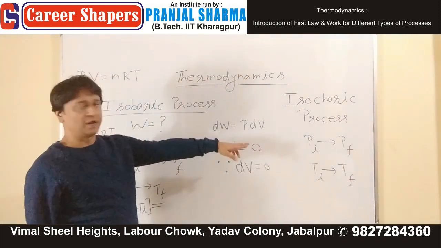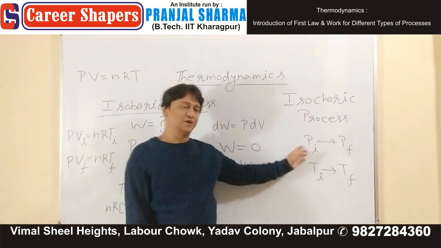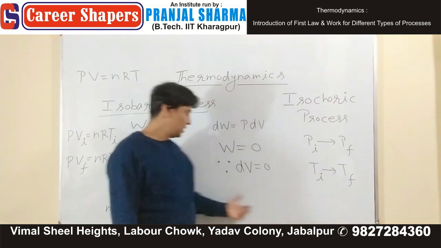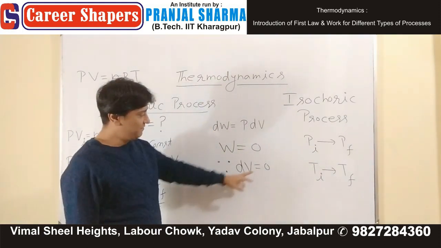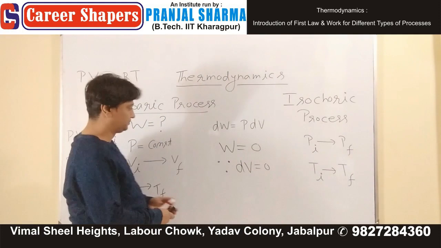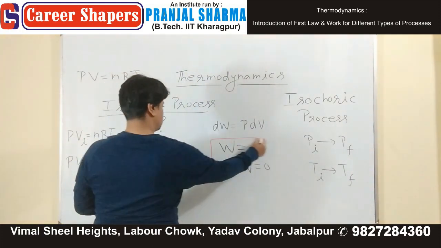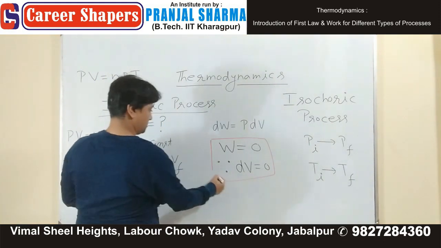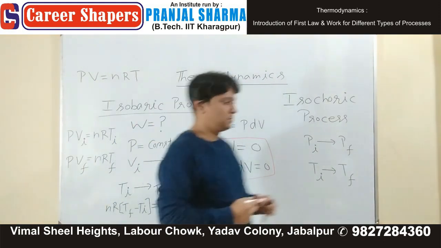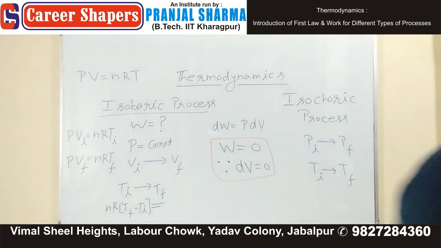That's what is happening here. Whatever you do with pressure, since dV is 0, your work is 0. This is for isochoric. But only 1, 2, 3, 4, 5, only 5 could answer 0.